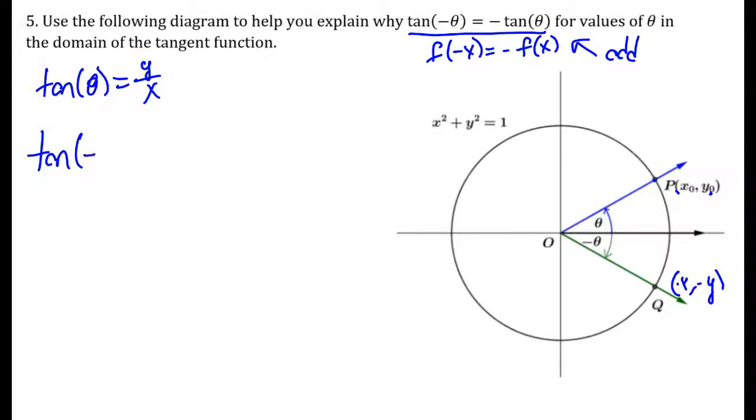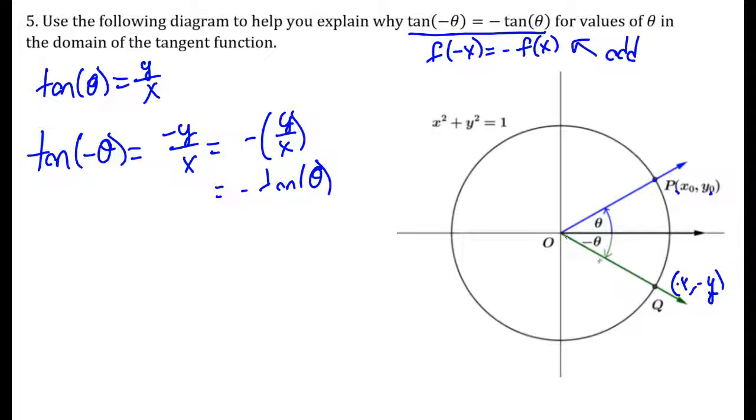The tangent of negative theta is still your y value over your x value, but notice that this is negative y over x if I just move that negative out front. Well, what is y over x? That's the tangent of theta.